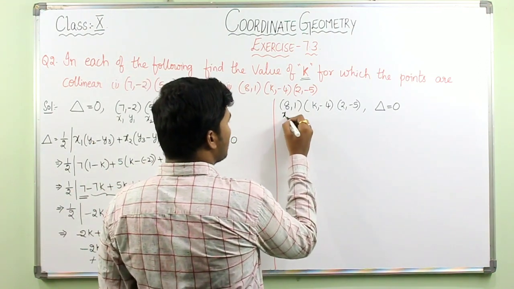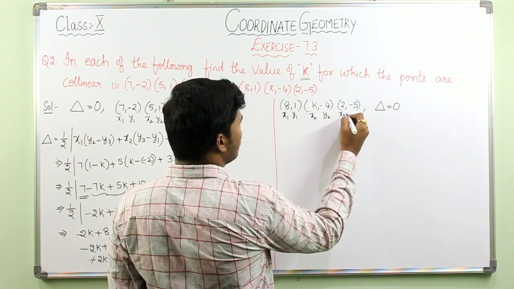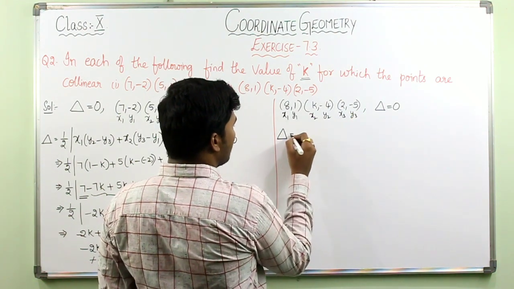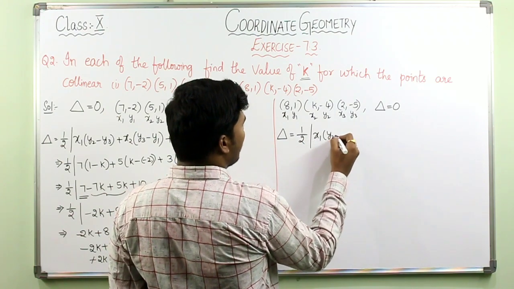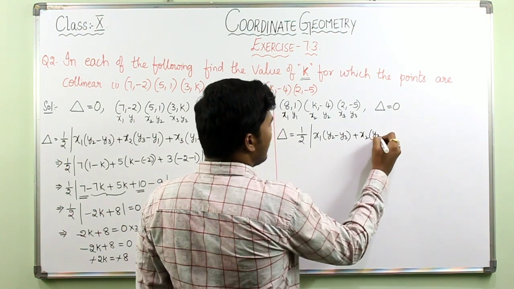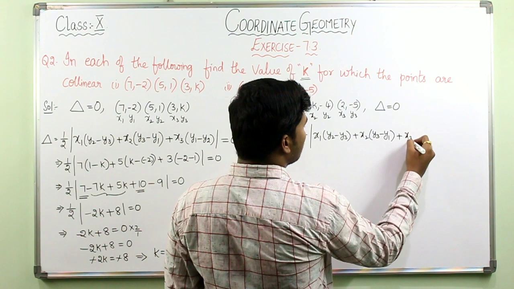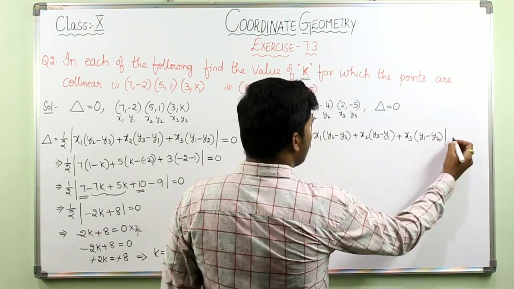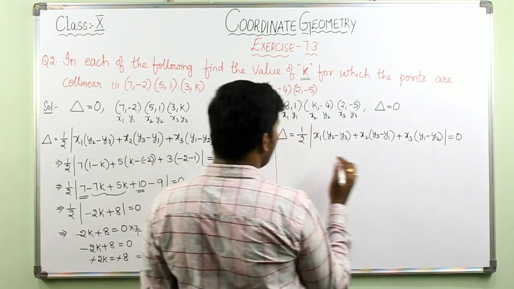So now let us name these points as x1 y1, x2 y2, x3 y3. Therefore the area of the triangle is given by half modulus of x1 into (y2 minus y3) plus x2 into (y3 minus y1) plus x3 into (y1 minus y2) equal to 0. Why are we equating it to 0? Because the points are collinear.